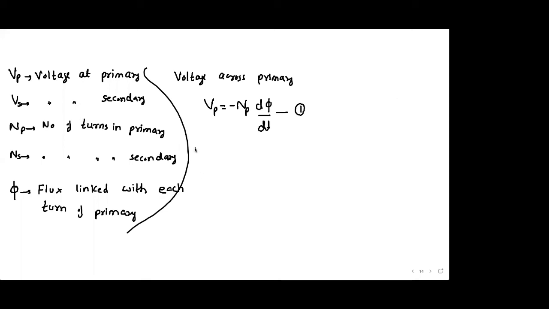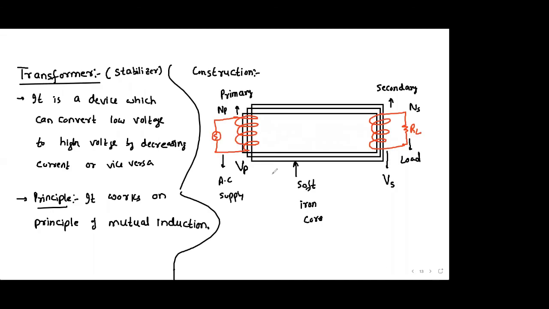Okay, now the primary and secondary are inductively coupled. Inductively coupled means flux which is linked with each turn of primary is also linked with each turn of secondary. Means if flux phi is linked with each turn of primary, the same flux is linked with each turn of secondary. Flux means magnetic field.